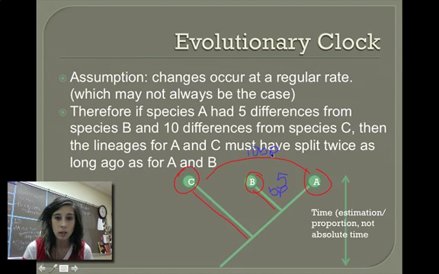So the assumption is that between A and C, the split happened twice as long ago than compared to A and B. So we are looking at a proportion or some sort of estimation. We are not looking at absolute time. If we want an absolute time, we would need to look at carbon dating and get specifics within the strata levels of the Earth at that time.